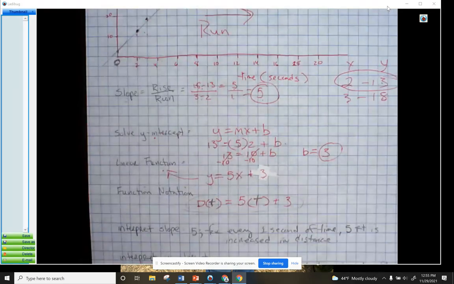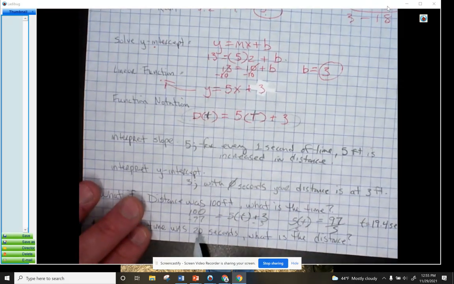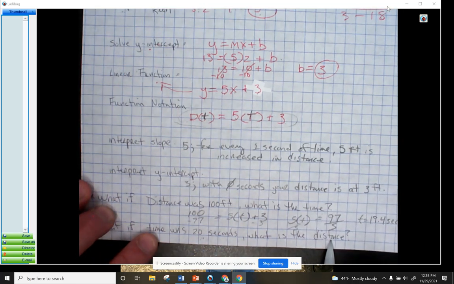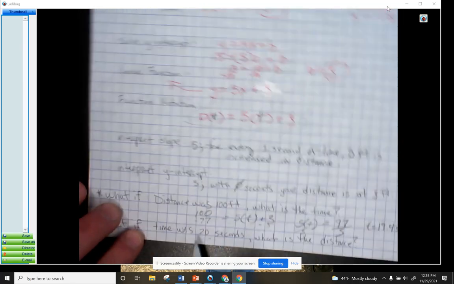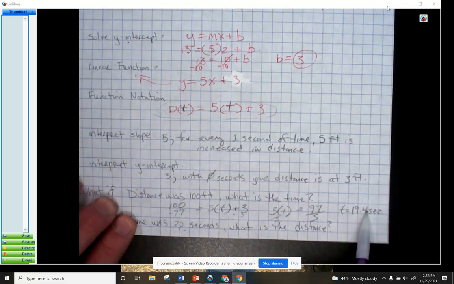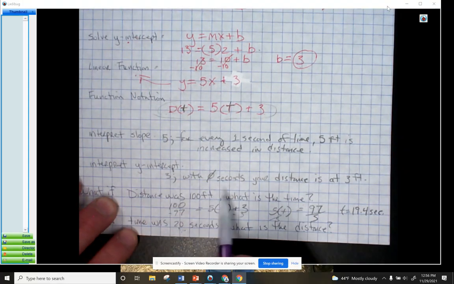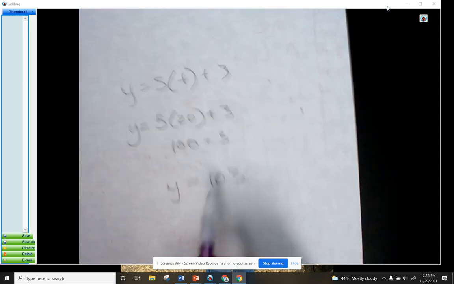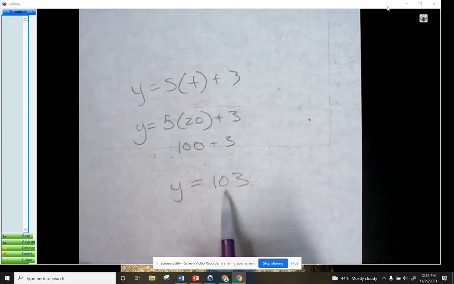So after 20 seconds, you would have a distance of 103 feet, which makes sense because at 19.4 seconds, you're at 100 feet. So at 20 seconds, you're going to be slightly more, and we just solved, you're at 103 feet.